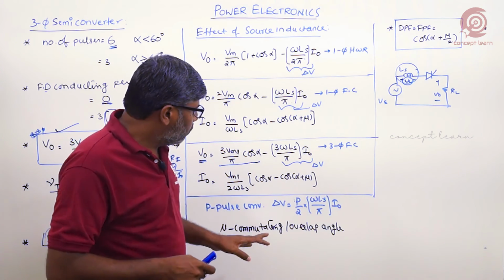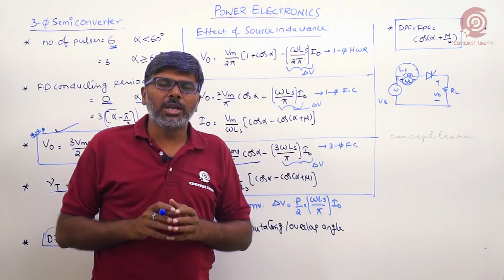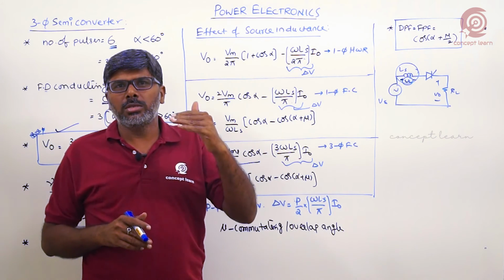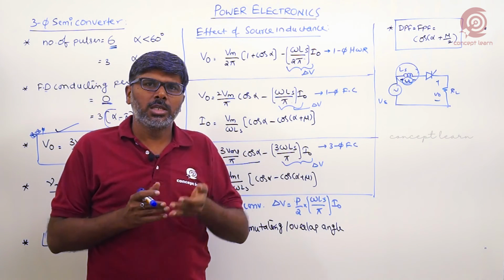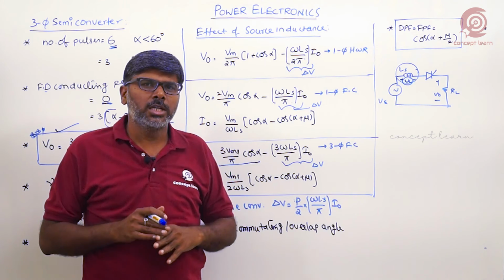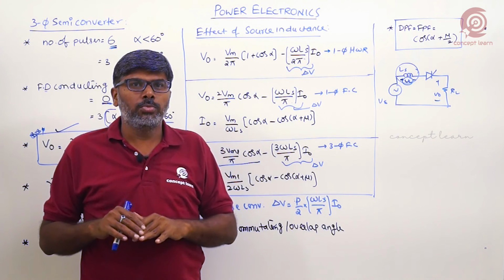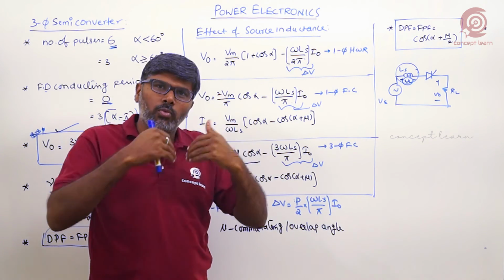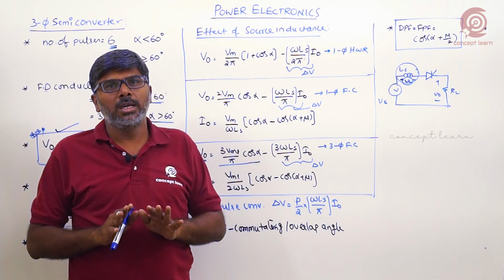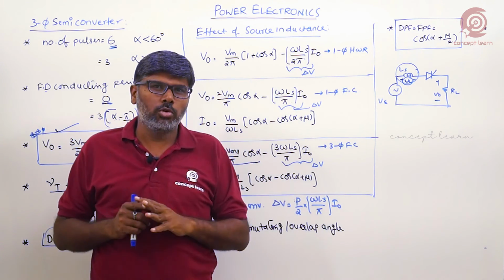Fine. Now coming to the three phase full converter, there are 6 switches, right? 6 thyristors, 3 from the positive group and 3 from the negative group, means upper group 3, lower group 3. Without source inductance, 1 from the upper group and 1 from the lower group conduct.